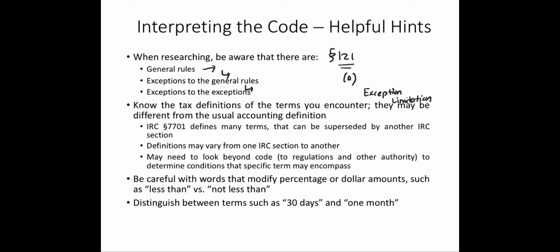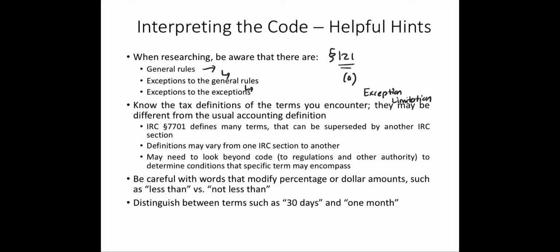An area where you can see some of these exceptions that I like to use as an example deals with alimony and child support. If you go to the code section that deals with alimony and child support, section 71, you'll find the general rule that, before the Tax Cuts and Jobs Act of 2017, alimony was included in gross income.